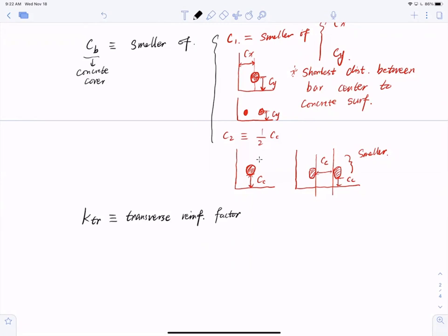The equation for it is 40 ATR, where ATR is the cross-section area of the transverse reinforcement stirrups, divided by the spacing of the stirrups and the number of bars being splitted. These need to be explained, so let me put these numbers here. These are the stirrup spacing, and ATR is the stirrups area.